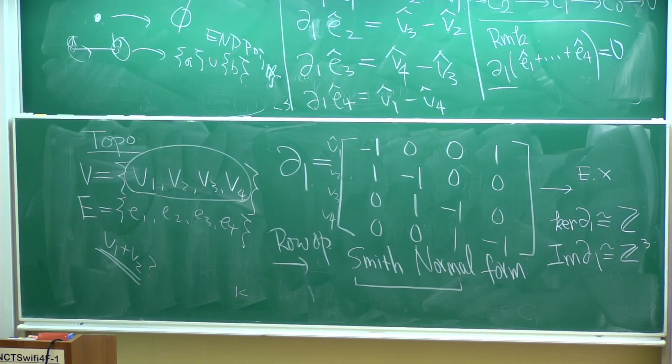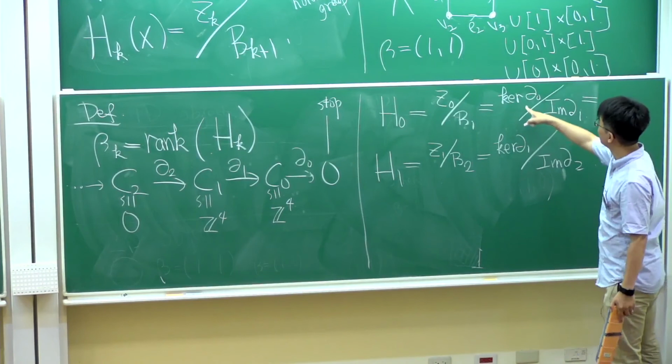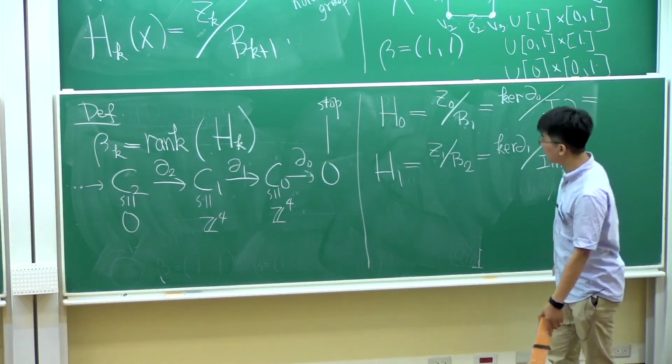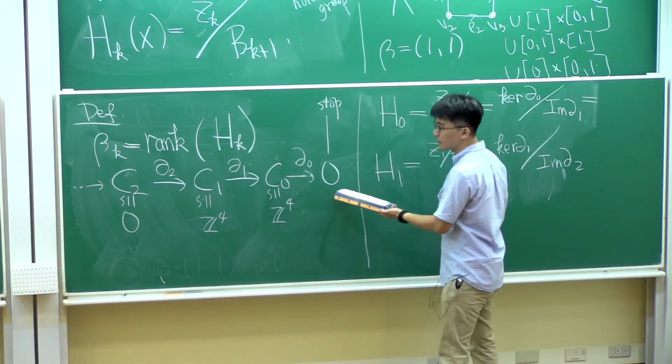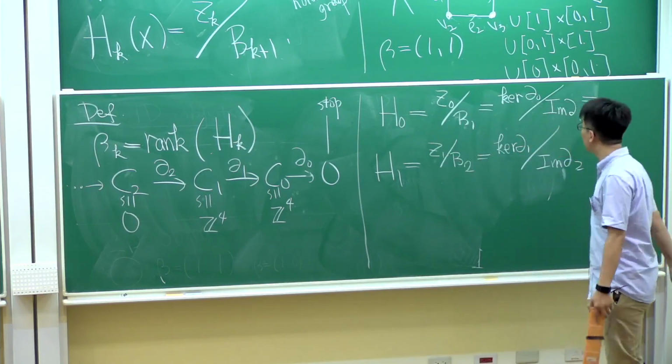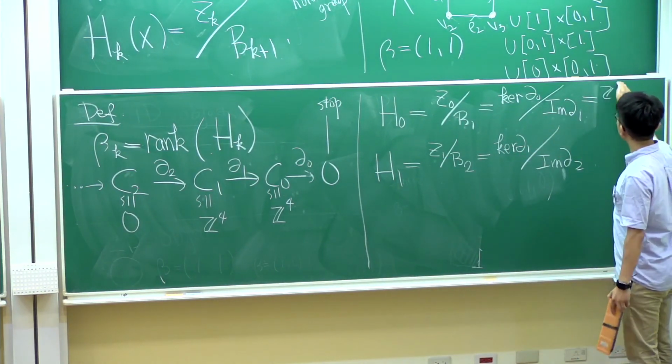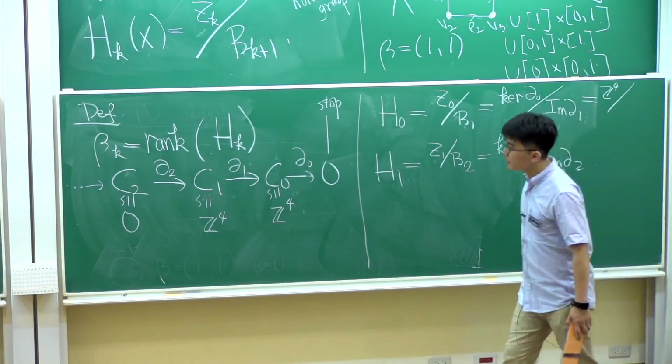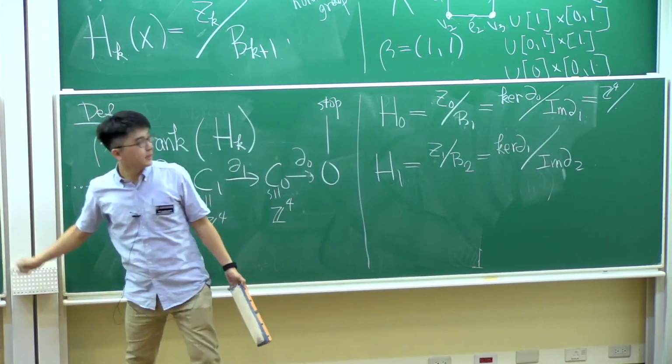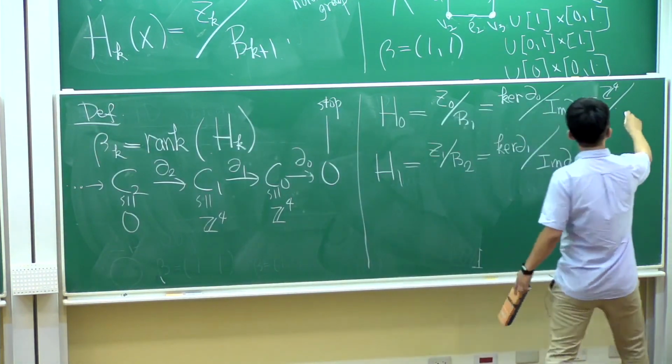Cool. Therefore, here, the kernel of row 0, you map everything to 0. So the kernel will be the 4-dimensional space, Z4. Mod out the image of row 1, that's going to be Z3.